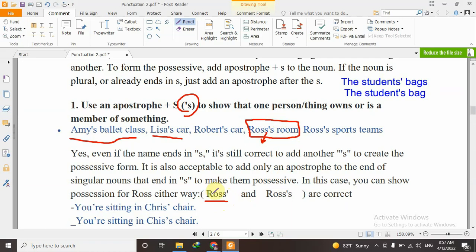Okay, both of them are correct. This applies to words that have s in their actual form. So what is written there?